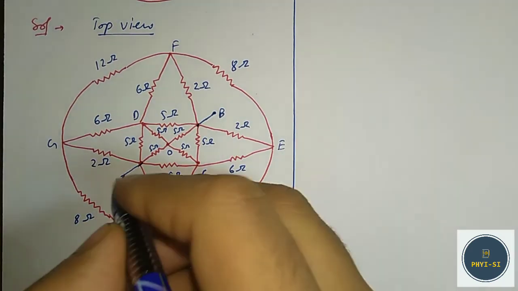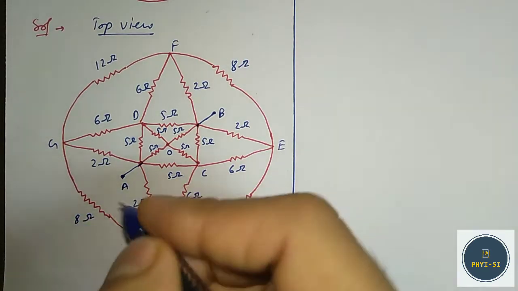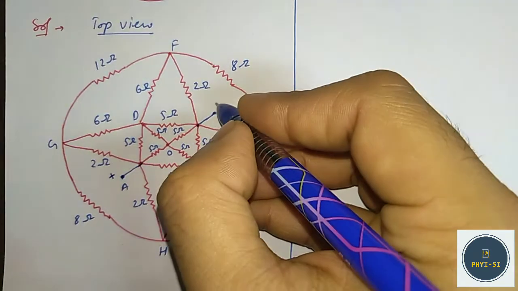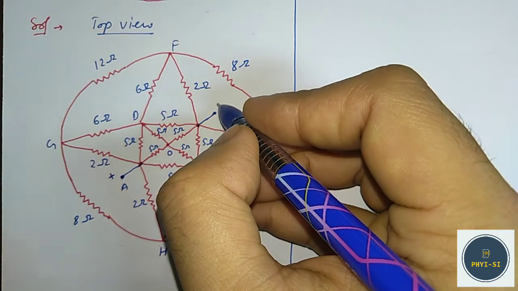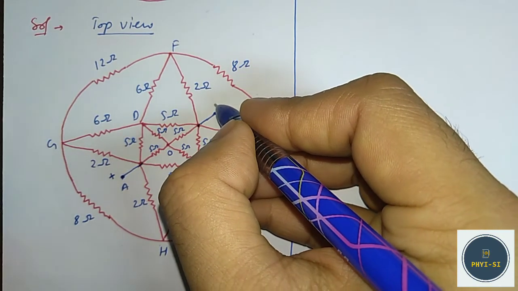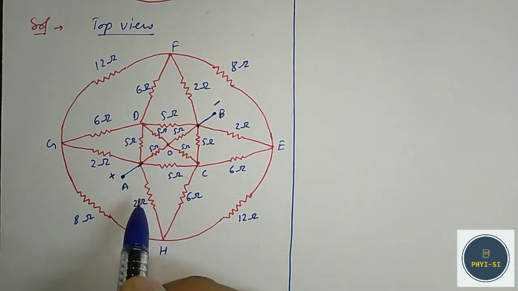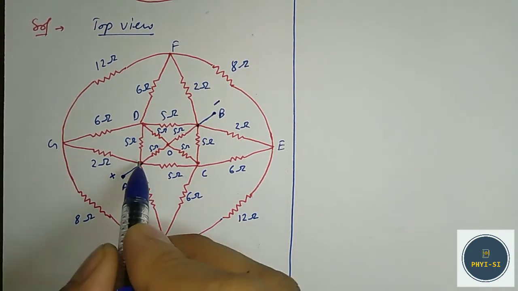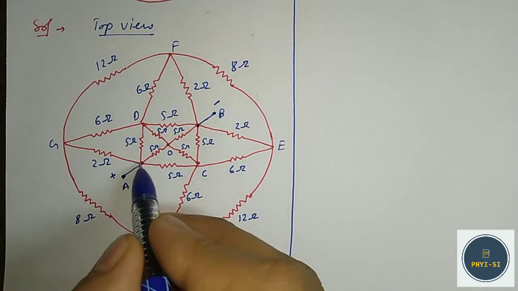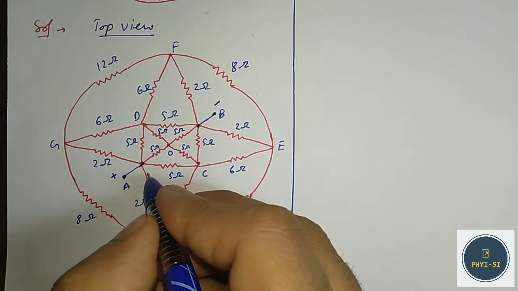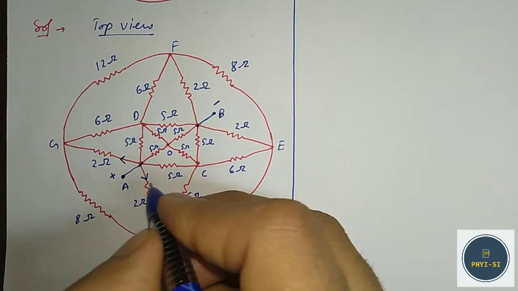Let us first apply a battery across AB, and let's say the positive terminal is attached to point A, and the negative terminal of the battery is attached to point B. Now this circuit and this circuit are symmetrical and equivalent. So here and here the current would be the same.